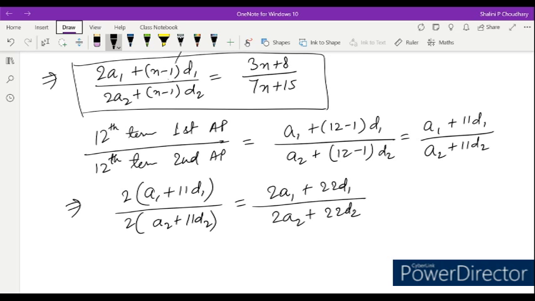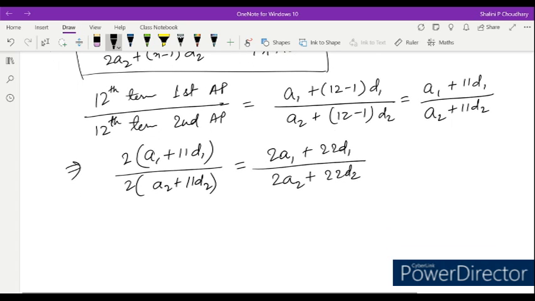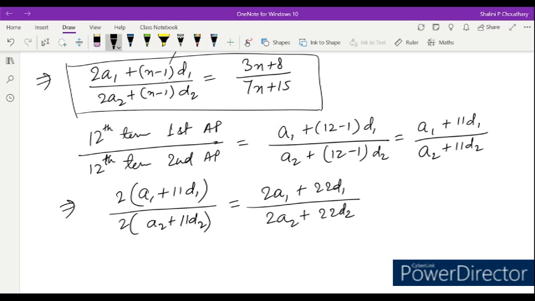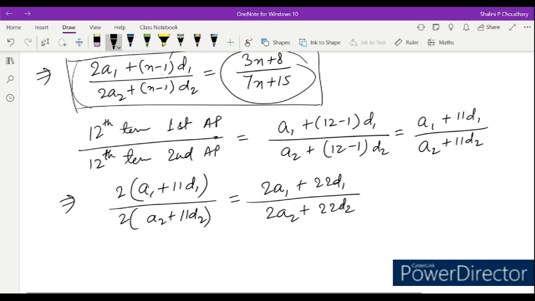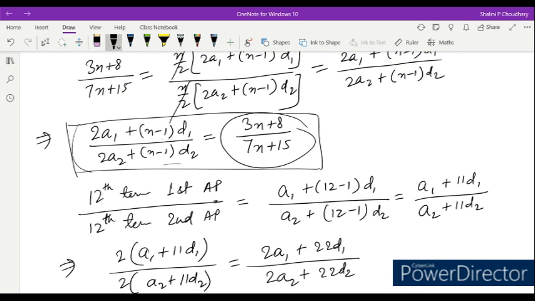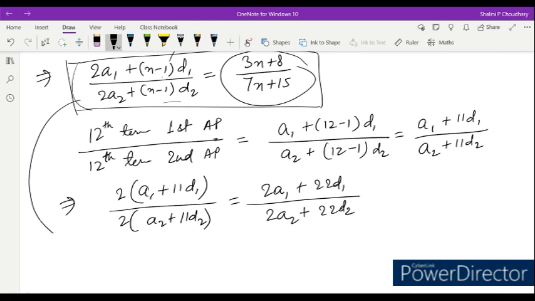Okay, now what can we do? Since we know that this value should be equal to this one, we can convert it into that form, 2a1 plus (n minus 1) d1.